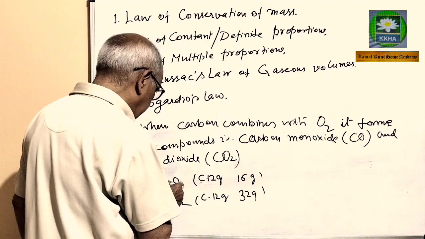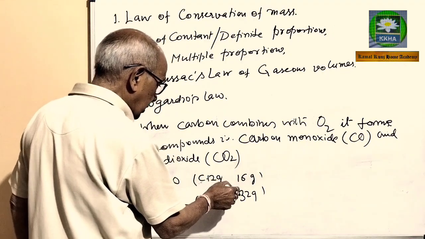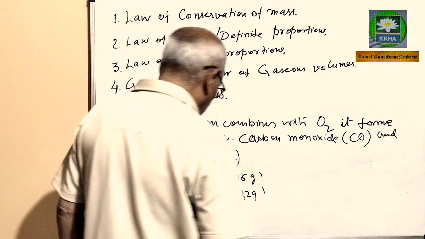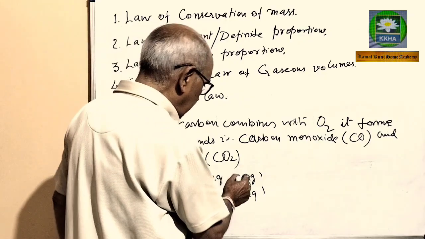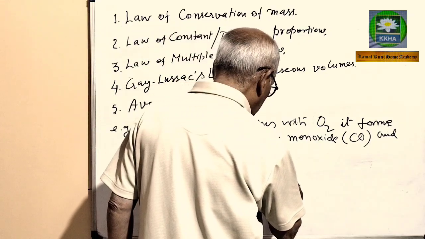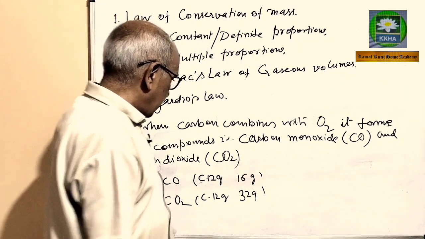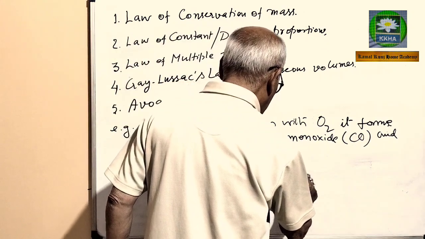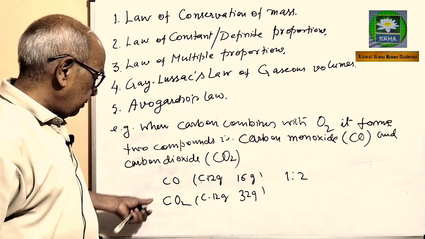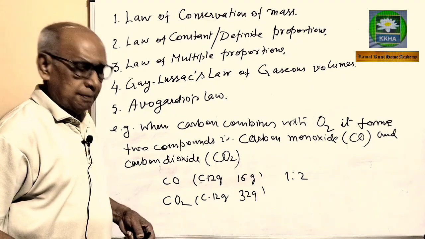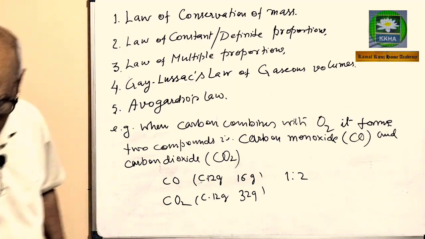So the ratio of mass of oxygen is 16 to 32, that is 1:2, which combines with a fixed mass of carbon, 12 grams, in the simple ratio 1:2. So the ratio of masses of oxygen here is 1:2, a simple whole number ratio, combined with a fixed mass of carbon. So this is the law of multiple proportions.